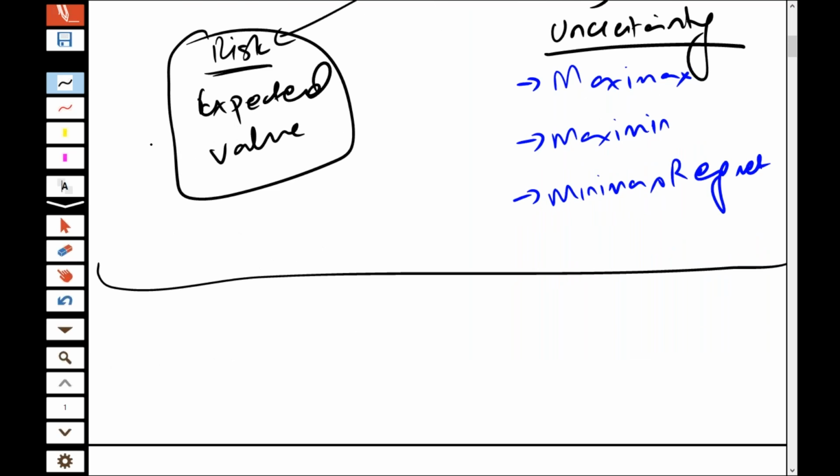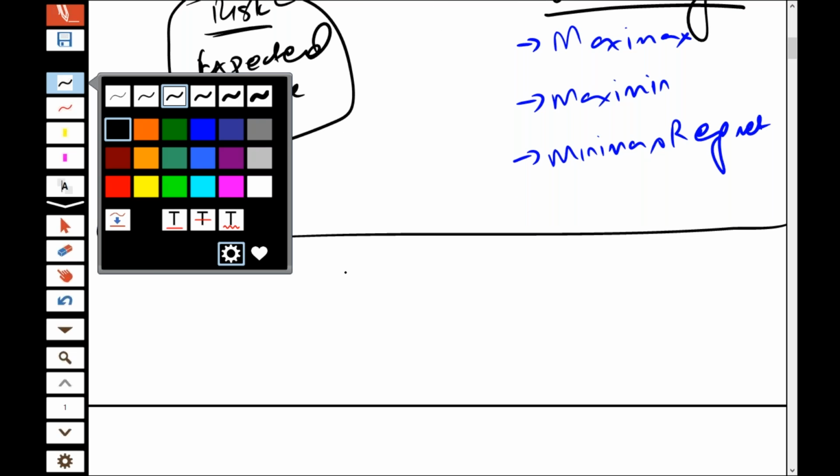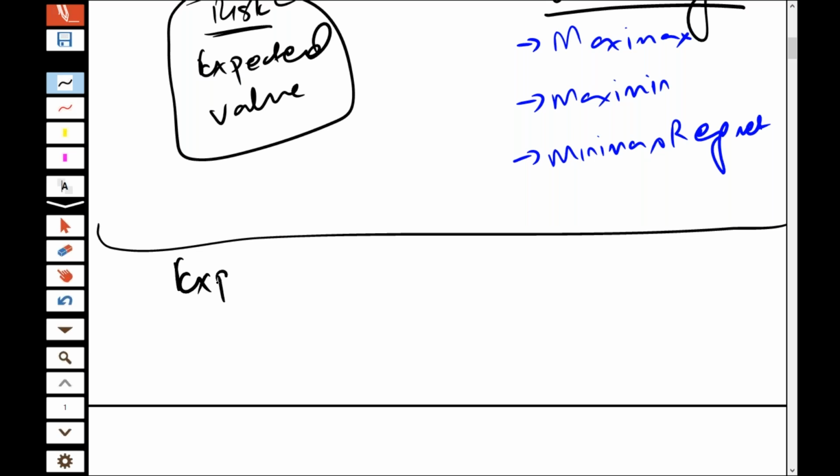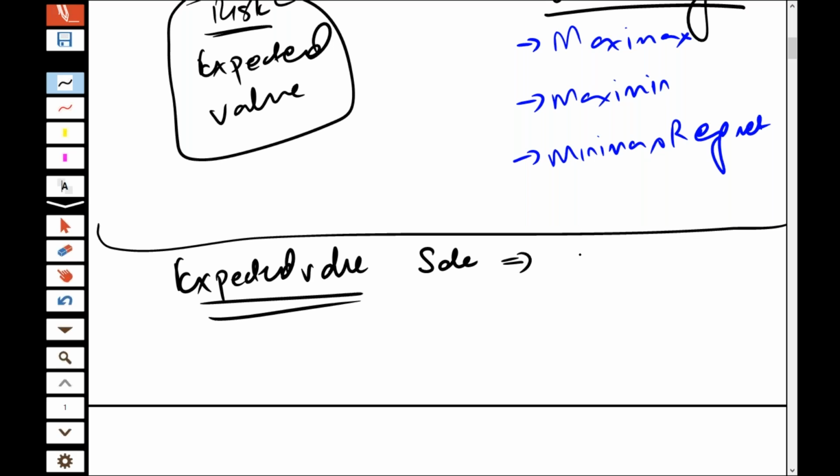If I discuss the concept of the expected value technique, what exactly do I mean by it? Assume that you have multiple likely outcomes of sales. The sales are going to be 100 million, there is a 50% chance for it. The sales are going to be 140 million, there is a 30% chance for it.